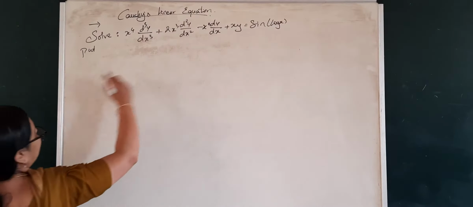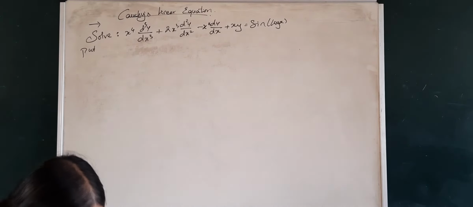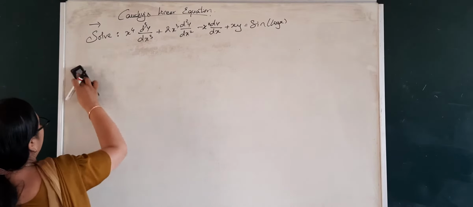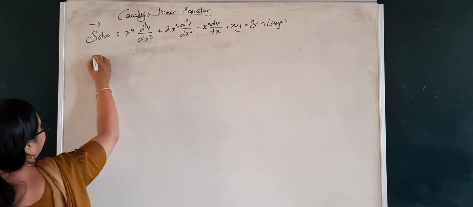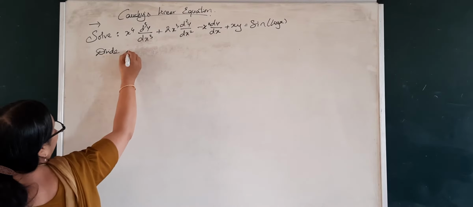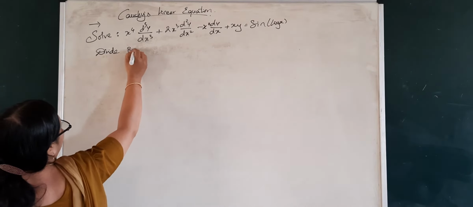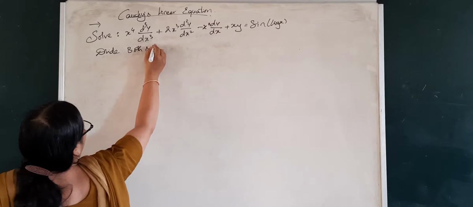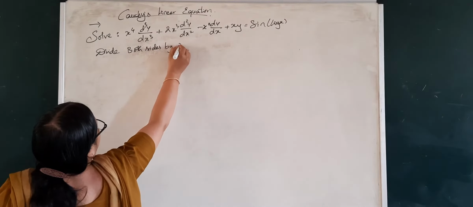Okay. So let us multiply throughout by x. So what do we get when we multiply throughout by x? Sorry, divide throughout by x instead of multiplying. Divide both sides by x.